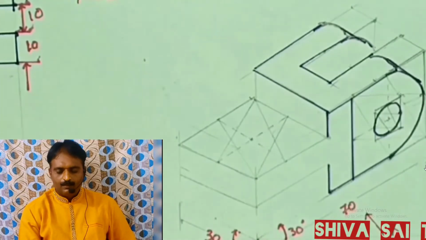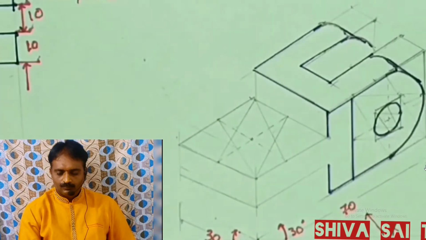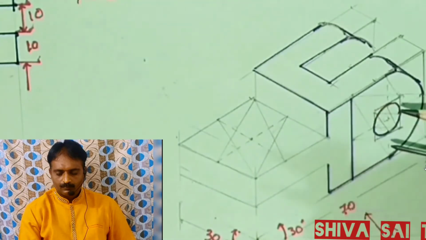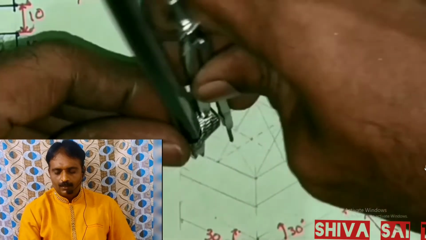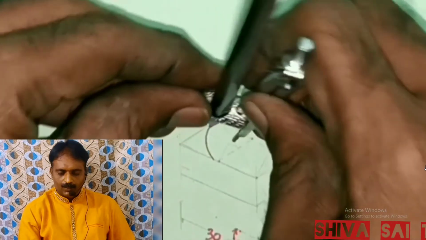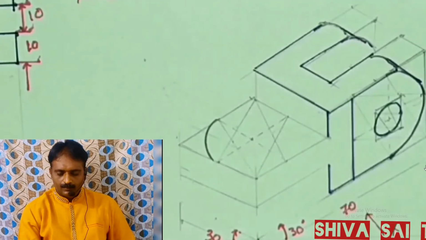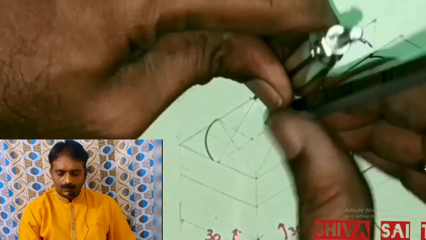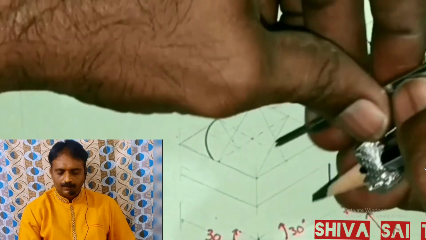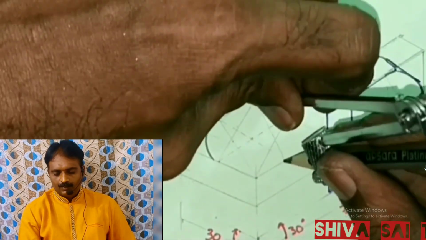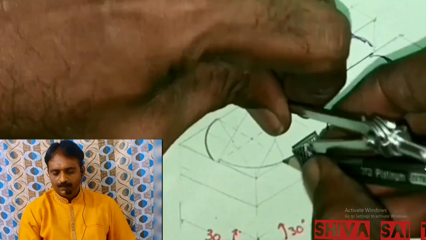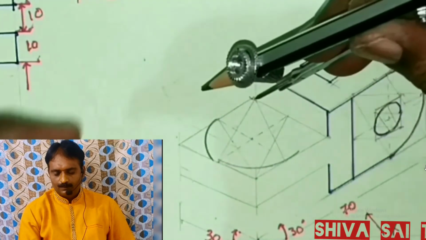Develop the semicircle. With that length draw an arc, and similarly with that radius construct the arc which completes the semicircle here for the top portion.